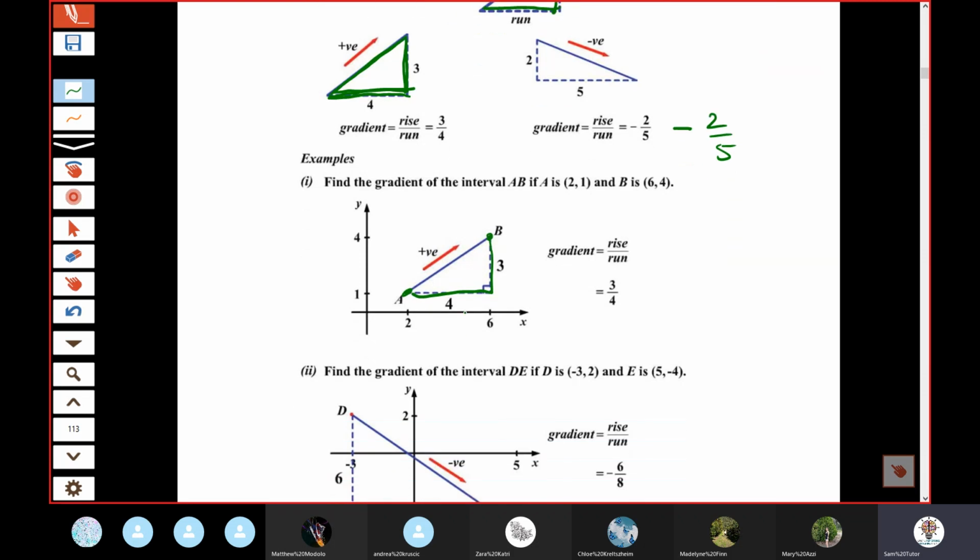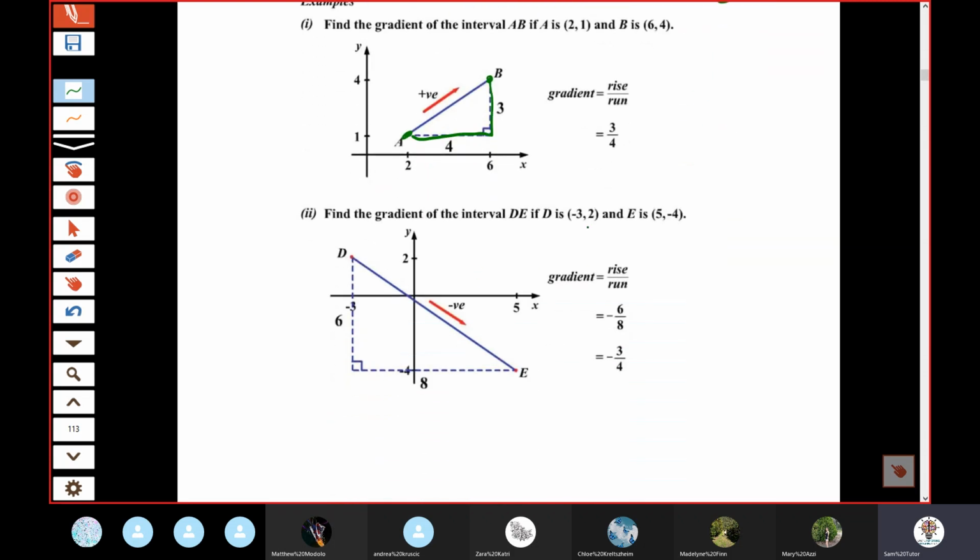Let's try one more time. So look at this question. D is (-3, 2). E is (5, -4). Create a right angle triangle. Right? And then again, ask yourself, what's my rise? What's your rise from -4 to 2?